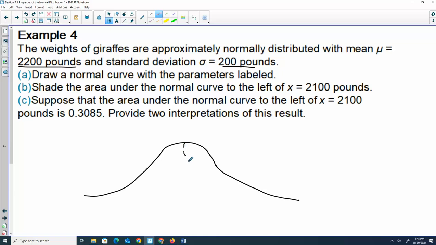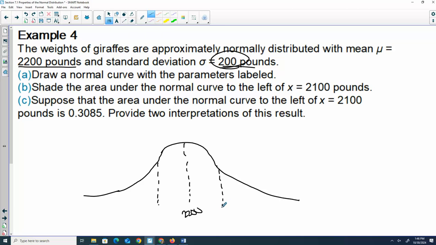The peak is your mean, which was 2,200, and where the graph kind of starts turning outward. Well, my graph is not very pretty. Hopefully yours is better. So my standard deviation was 200.